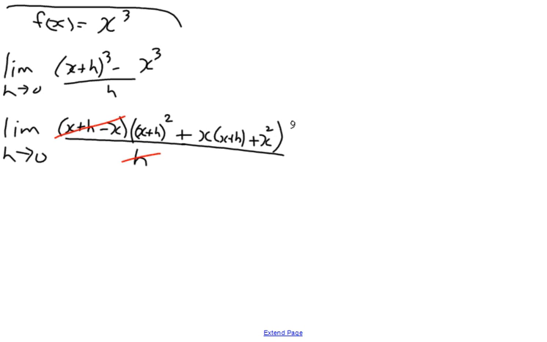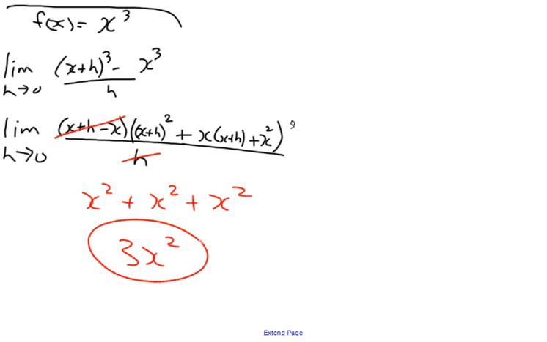We're home free now. We can do it by substitution now. It's a determinate limit. I can let my little h go to 0. X squared plus x squared plus x squared. If you guessed 3x squared, you were absolutely right.